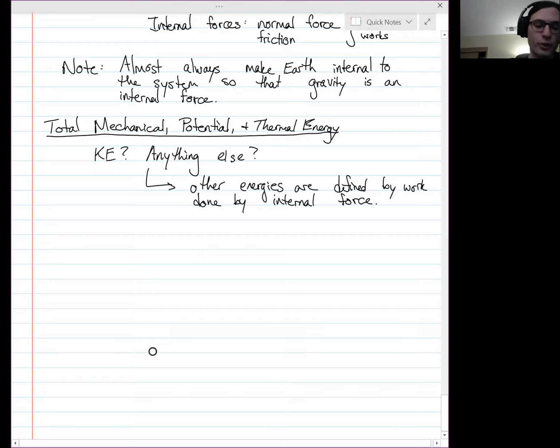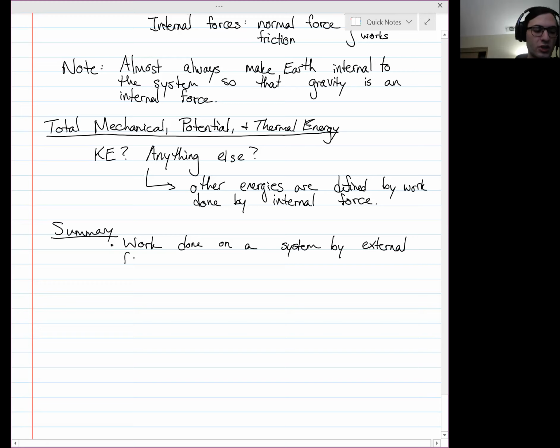Just a quick summary of what we've talked about so far. And this includes stuff from last week as well. Work done on a system. Before we were just talking about work done on an object, but we've broadened that scope to mean a system. Work done on a system by external forces changes the energy in the system.